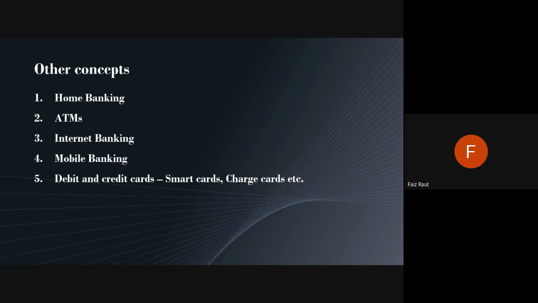Then next is about debit cards and credit cards. Again, a debit card and a credit card is a card in which a black strip will be there. If you have one now, you can open it and check it. A debit or a credit card will be pretty much similar.